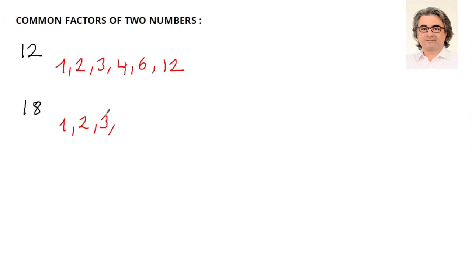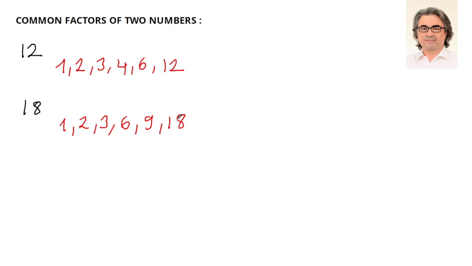So stop at 3. What about 3? 3 times which number? 6 gives you 18. 2 times 9 and 1 times 18. Now I wrote all factors of 12 and 18.